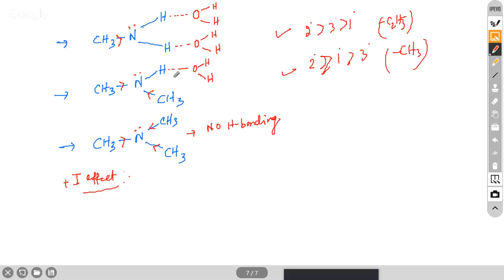Hence, 3-degree amines are more basic than 1-degree amines.